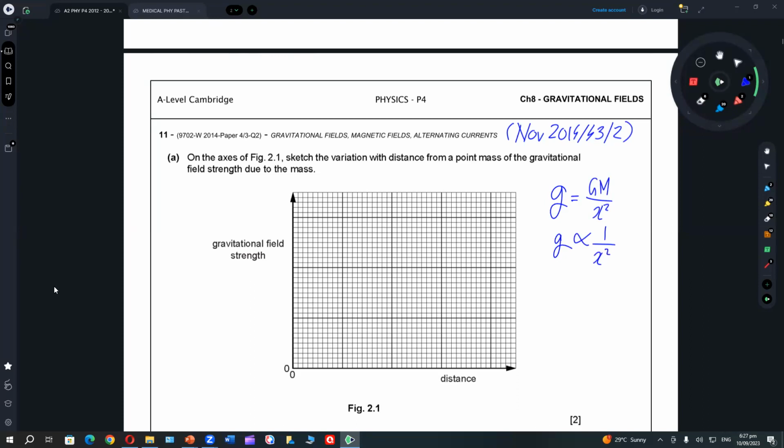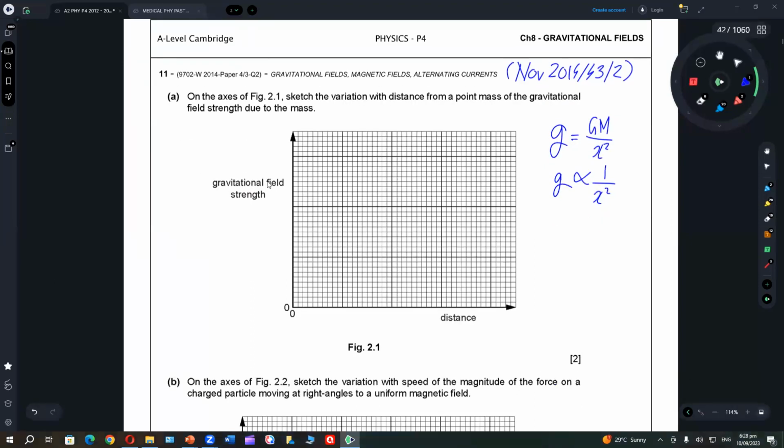This is the equation I'm using, and it will be a curve. This equation tells us that it will be a curve like this. If you have the book with you, you can copy it in the book.